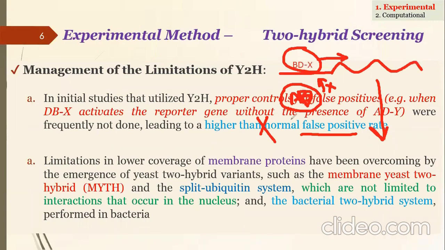So previously the controls, these are the negative controls. These controls are used like the binding domain in the absence of the activating domain, or the activating domain in the absence of the binding domain, and we see whether the gene is going to express or not.